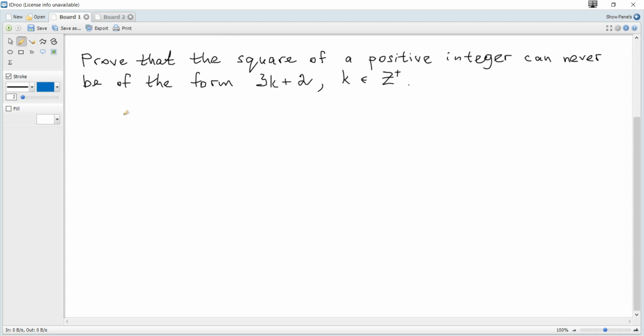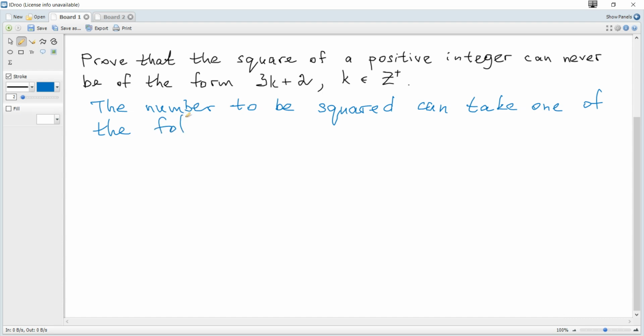So we can say that the number to be squared can take one of the following three forms: 3n, 3n plus 1, 3n plus 2, where n is a positive integer.